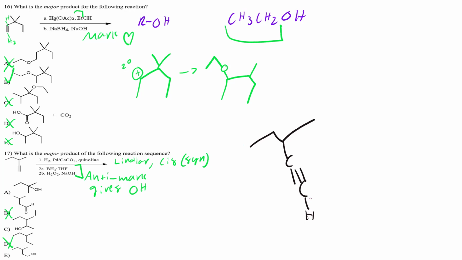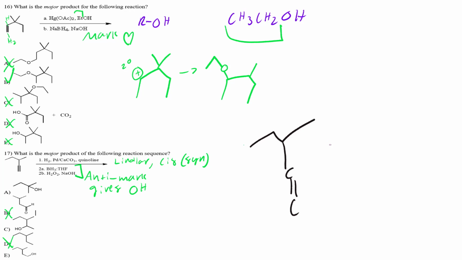Well, we do hydrogenation, which means that it's going to be a cis product for adding hydrogens to this bond. You should get rid of this triple bond, make a double, and then make it cis. So it should be cis.